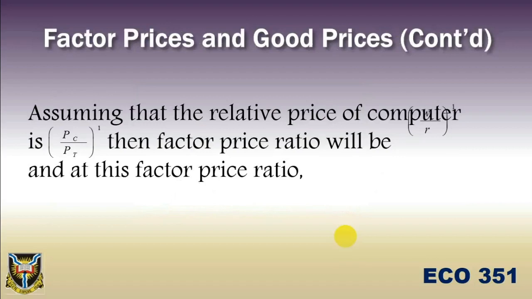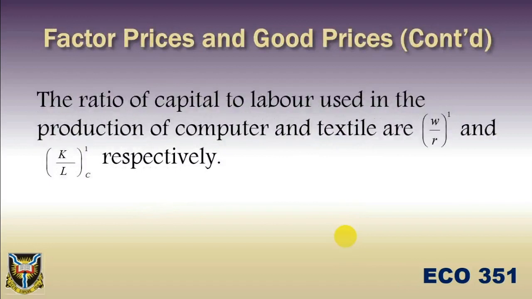Assuming the relative price of computer to textile is PC over PR, then the factor price ratio will be W over R. And at this factor price ratio, the ratios of capital to labor used in the production of computers and textile are K over L for computers and K over L for textile respectively.